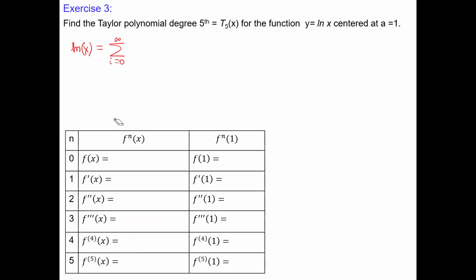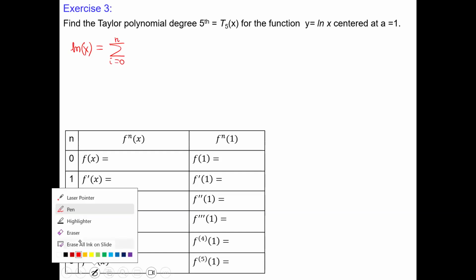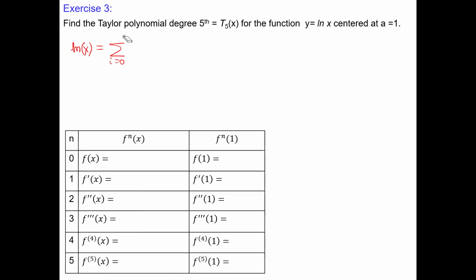Actually, not infinity, let's just put n equals 5: the sum of the i-th derivative at 1 over i factorial, times x minus 1 to the power of i, where x minus the center is raised to the power of i.